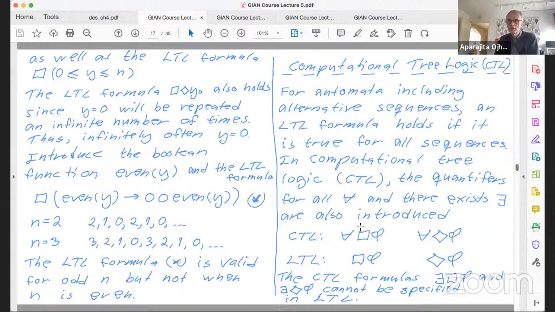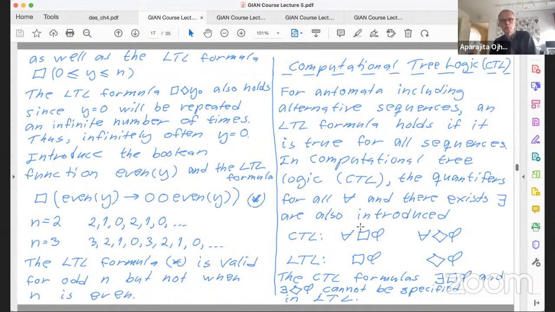Maybe you remember that I recommended a handbook of model checking last week, and Clarke was one of the editors of that handbook. And he formulated this computational tree logic, and based on that has developed a lot of interesting results around that.